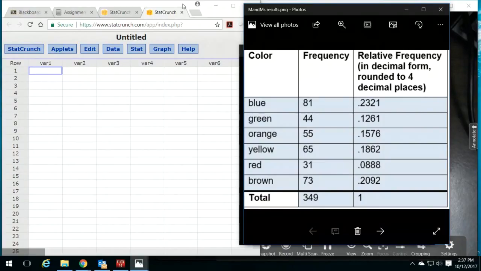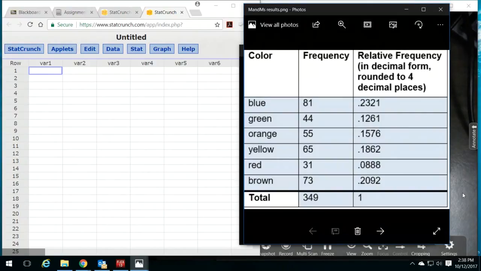And then the idea with that is to put that into the formula for the minimum sample size and make sure that you have a sample size that's big enough to use those parameters for your confidence intervals. So my sample size that I have is 349.